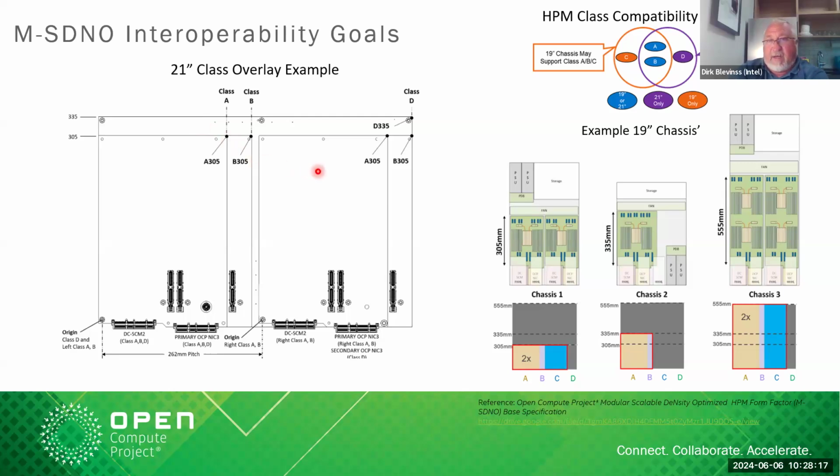So we've created an environment with this specification that allows us to continue to evolve it over time, and also have some level of backwards compatibility with solutions. Now, one of the things we didn't do, and this is really important, shown on the right-hand side, is that we looked at trying to maintain compatibility between all the classes.